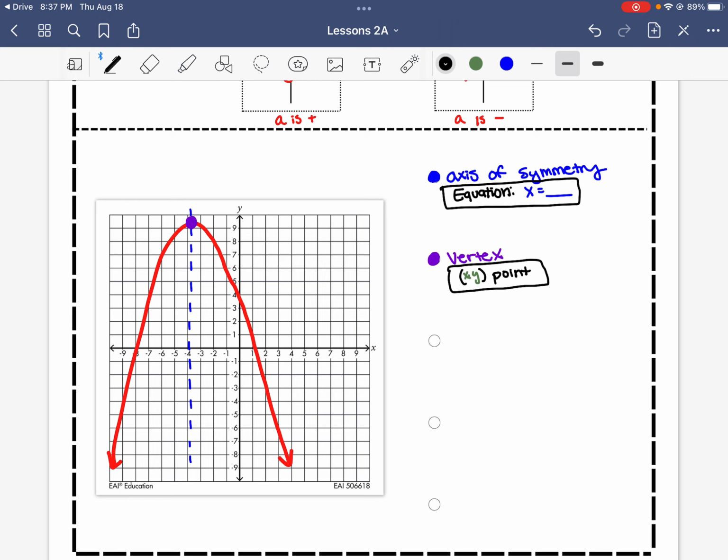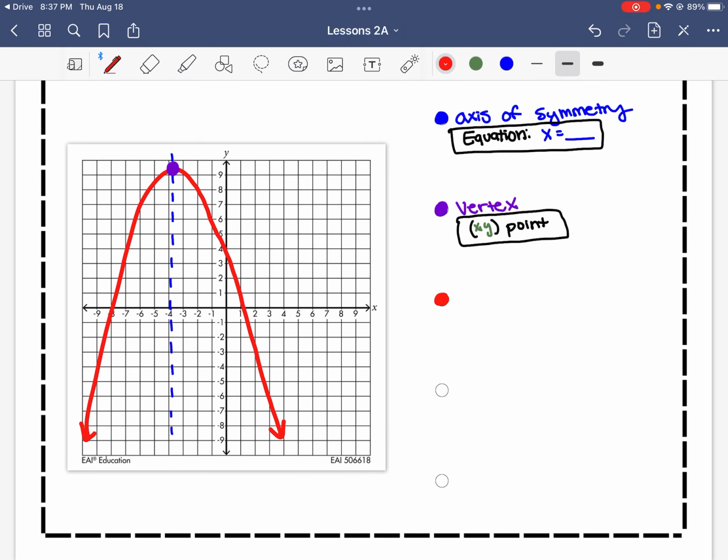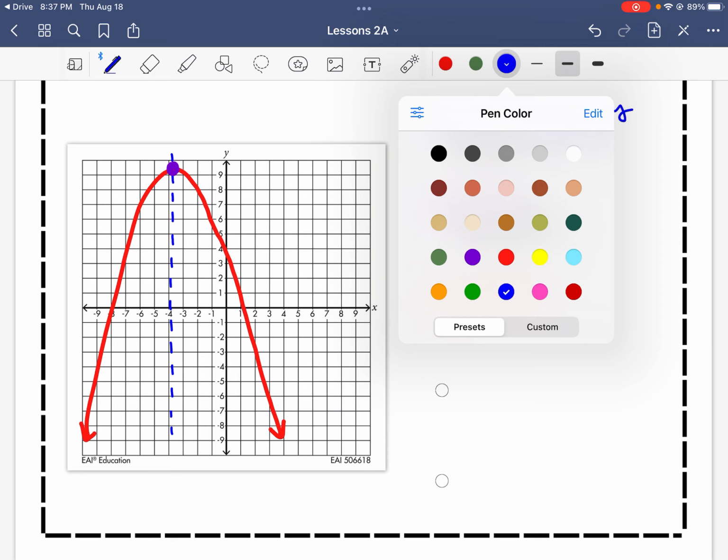The next thing that we have is the actual graph itself. So we have the actual parabola, which is made up of a table. Now our last two things are intercepts.